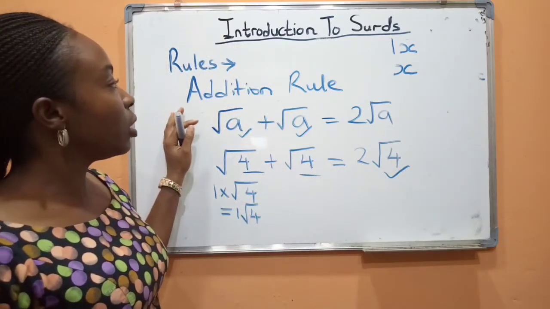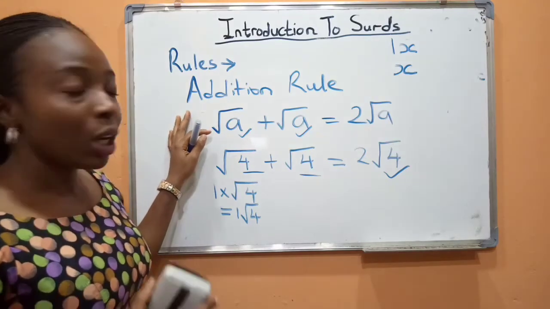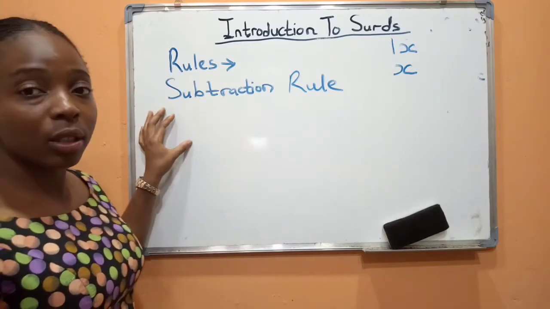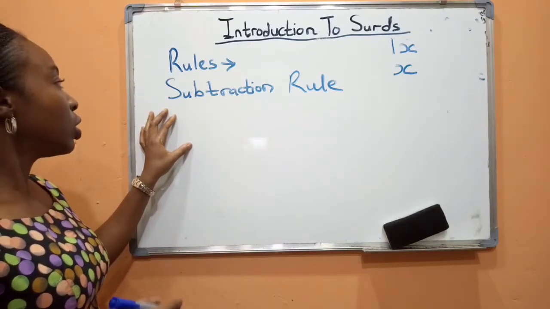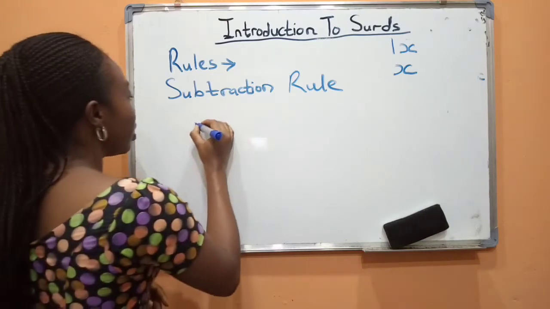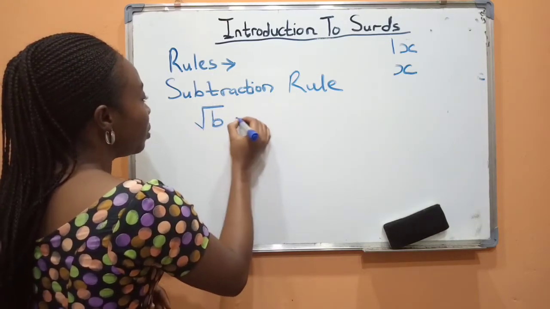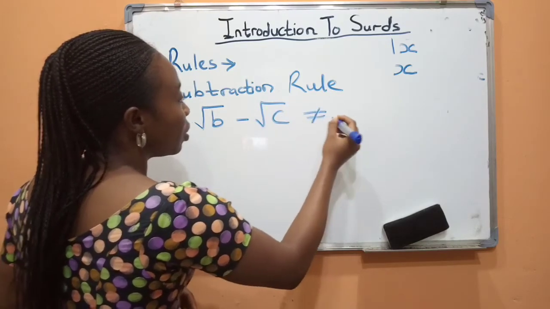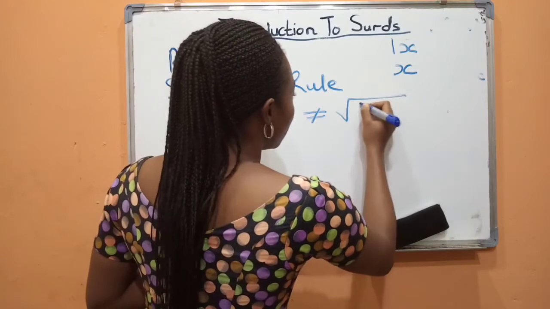So now that we've taken a look at the addition rule, how about the subtraction rule? Just like the addition rule, the subtraction rule is similar. Here's what it states. It says when you have root b minus root c, it is not equal to the combination of the roots. It is not equal.